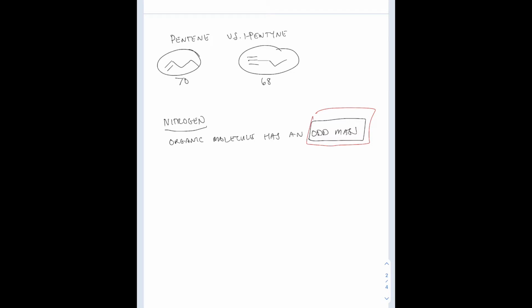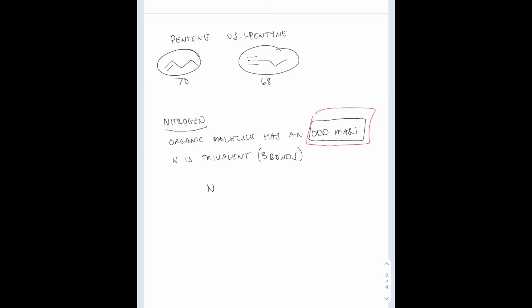Basically, it turns out that everything they form is an even mass, and so if you do have an odd mass, then it has to have a nitrogen in it. And the reason why is because nitrogen is trivalent. Okay, so N is trivalent, and that means that it has 3 bonds.